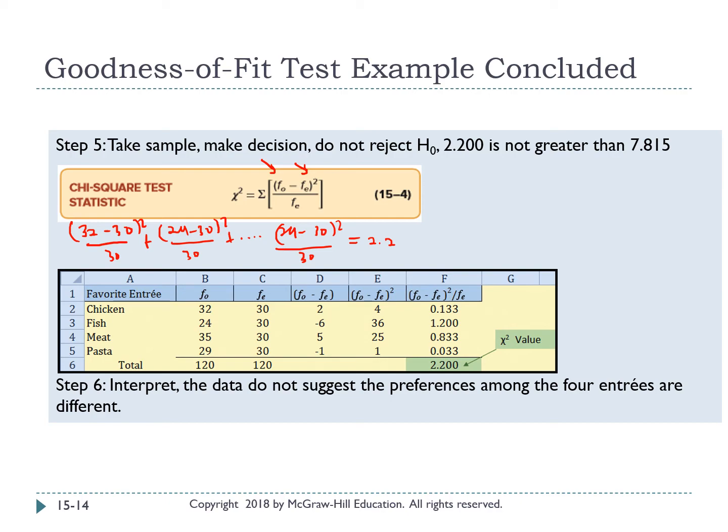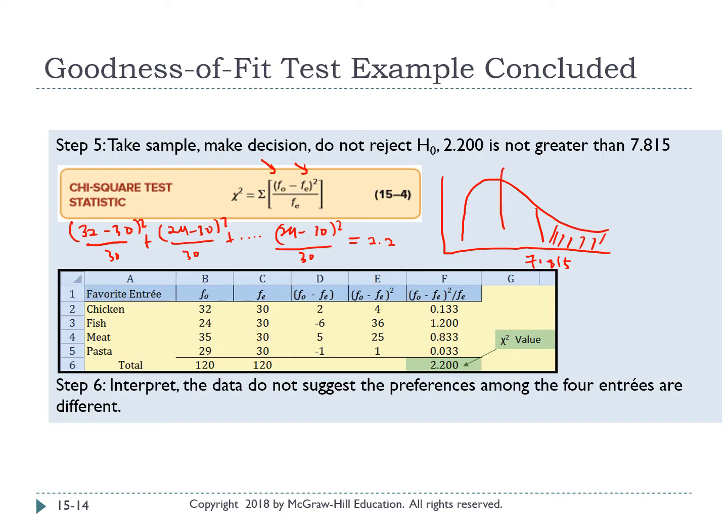So how to make a decision? We have to compare our CV with the chi-square value. We have to draw a diagram so that it is easy for us to see it. Okay, so here is our rejection region, and the value of our CV is 7.815. So what is the value of our chi-square?